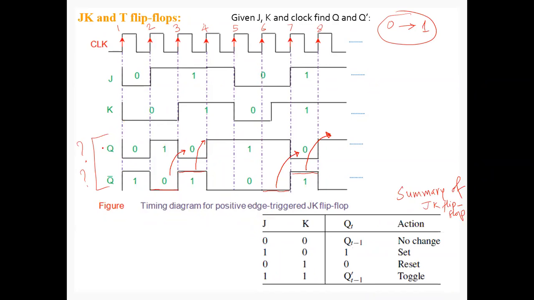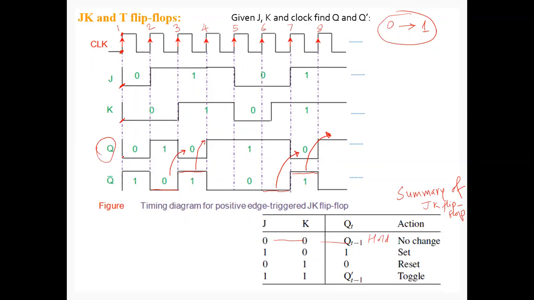So let's figure out Q and Q bar. Let's figure out Q first, then we'll do the Q bar later. So what is your Q when clock goes from 0 to 1, and what is your J and K? J is 0, K is 0, right? Then what is that called? That's called hold state.